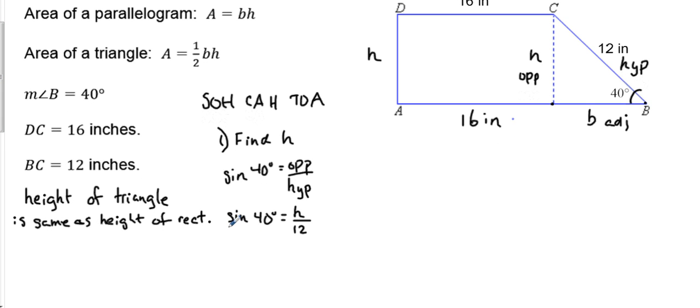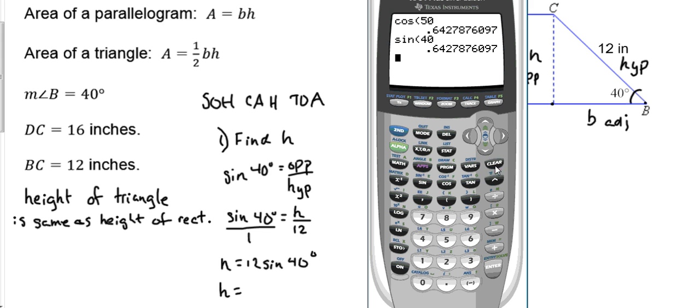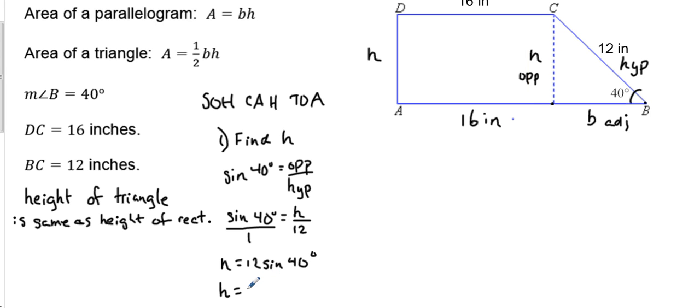And we're going to put sine of 40 degrees over 1. We're going to cross multiply. 1 times H is H. When we cross multiply this way, we're going to get 12 times the sine of 40 degrees. And let's type this into the calculator. So 12 times the sine of 40, and we can round that off to 7.7.